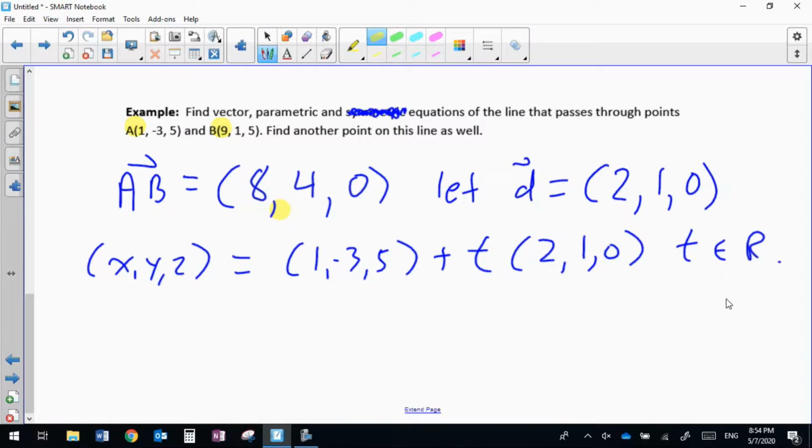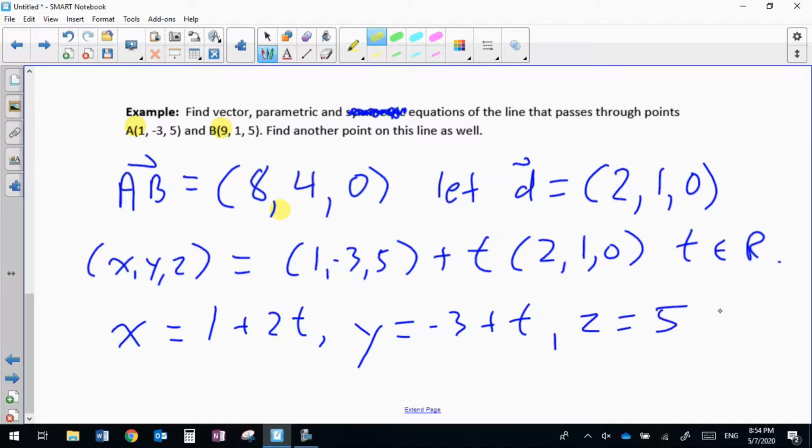Solving for our parametric equations, the first one, x equals 1 plus 2t. Sometimes you'll see parametric equations just separated by a comma. y equals negative 3 plus t, and z equals 5. Notice the direction vector for z is equal to 0, meaning z will always be equal to 5 in this example.